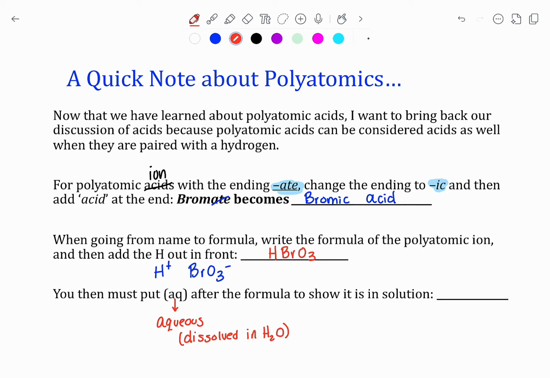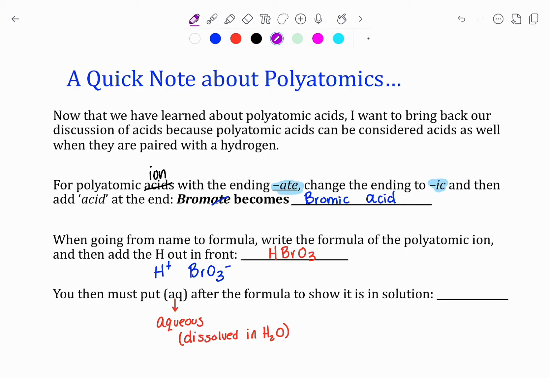There are other solutions we can use instead of water, but in general chemistry, we're just going to be dissolving things in water, so we can think of AQ as dissolved in water. So HBrO3 does not get the notation of acid or the name of acid until it is put into water. So we would have to change the formula to add that AQ at the end.